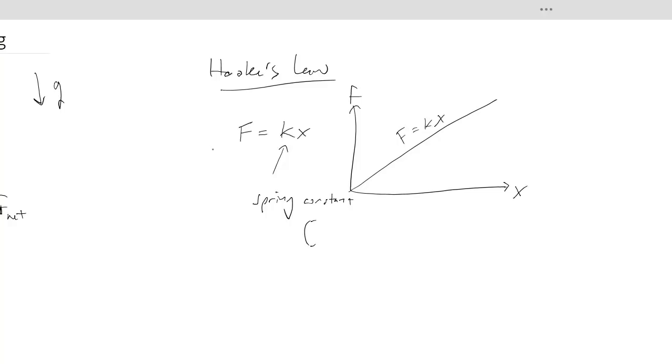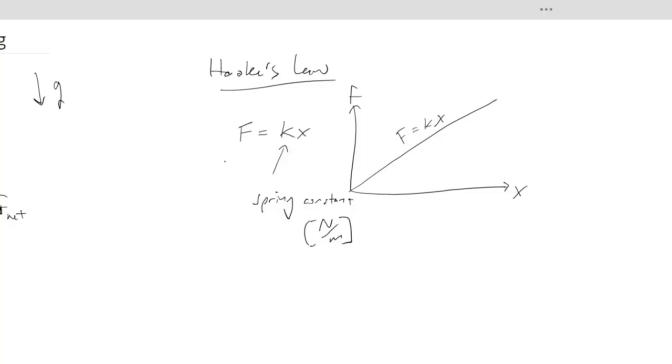It has dimensions of newtons per meter, force per length. If I stretch a spring a certain distance, then it's going to exert some kind of push or pull back in the opposite direction, directly proportional to that distance compressed or stretched. So if I double the stretch or compression, then the force is doubled.